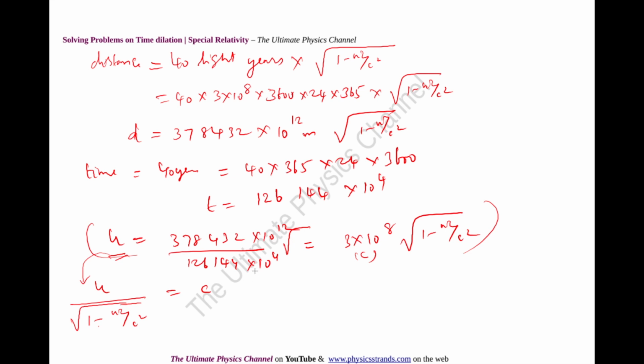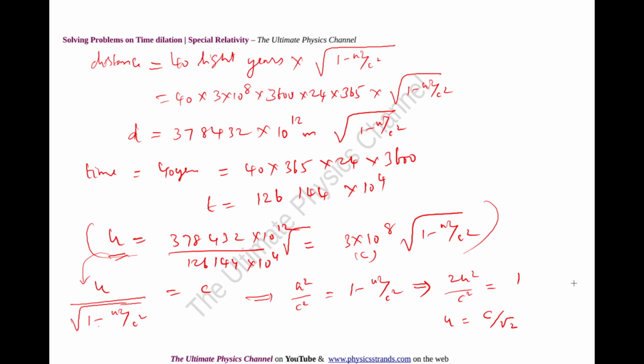Taking u over c and squaring, you will get u squared over c squared equal to 1 minus u squared over c squared. That would give us 2u squared over c squared equal to 1. Therefore, u would be equal to c over square root of 2. So that is the velocity of the spaceship.